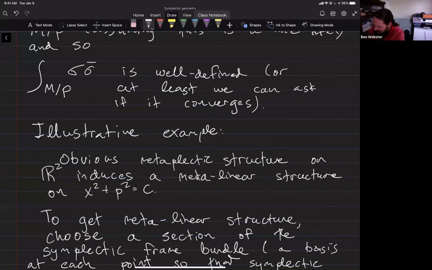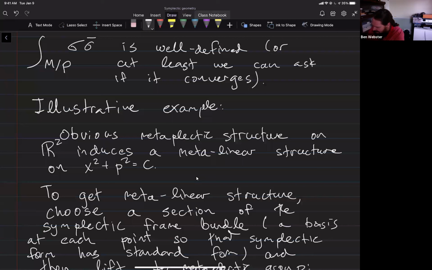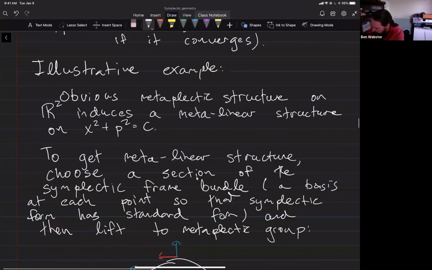And I think this is one of those things where no source I read really explained this extremely well.